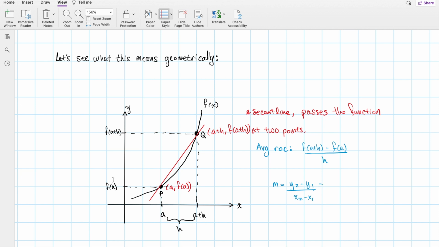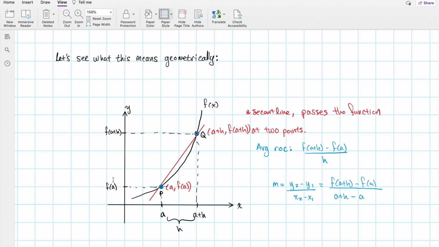So let's plug in the values based on the two points we have here, P and Q. Both of those points are on the secant line, so we can use them to determine the slope of the secant line, the one in red. We have f at a plus h minus f at a all over a plus h minus a.